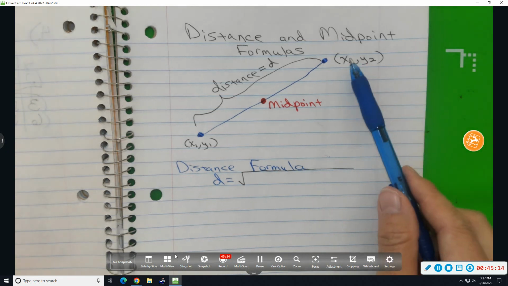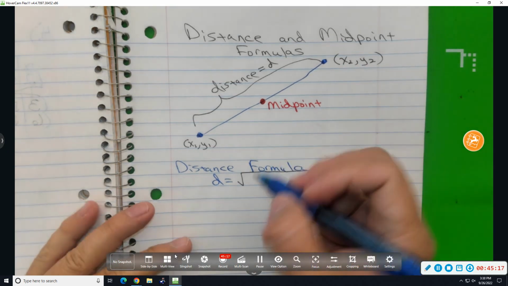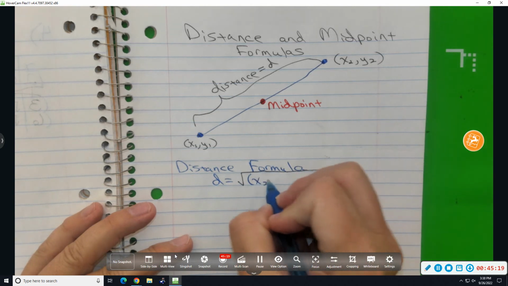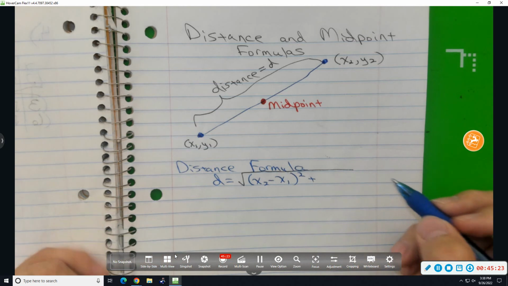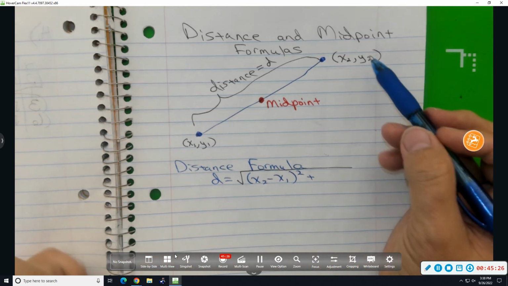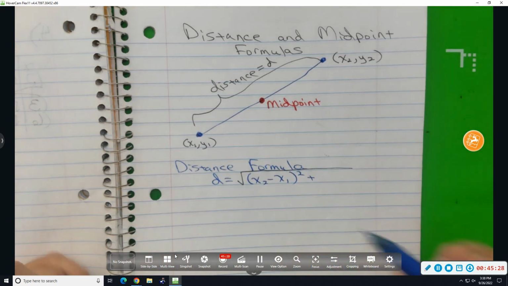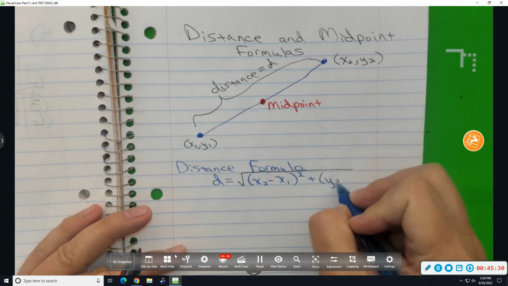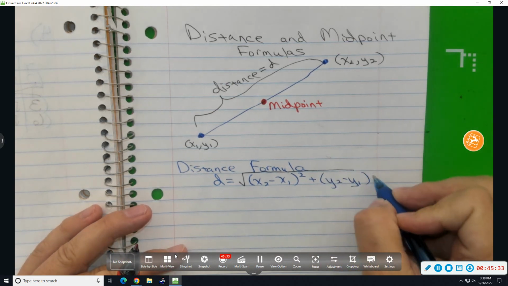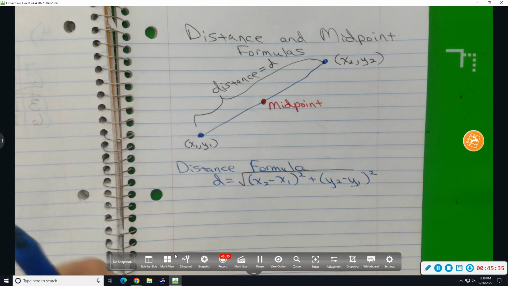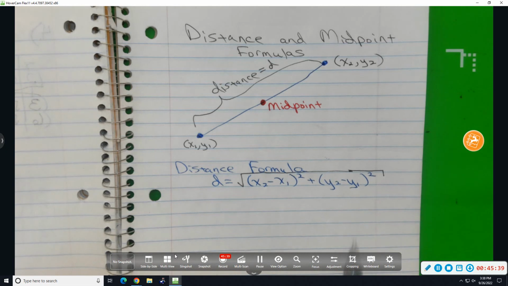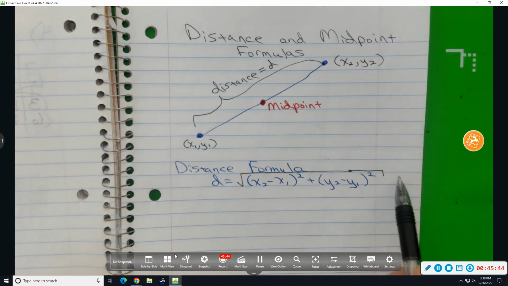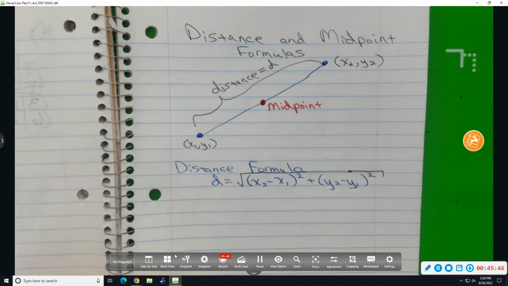I always go x2 minus x1. So it's x2 minus x1 quantity squared plus, then we subtract the y coordinates in any order, y2 minus y1 quantity squared. Subtract the x coordinate squared plus subtract the y coordinate squared, and then take the square root of that sum.